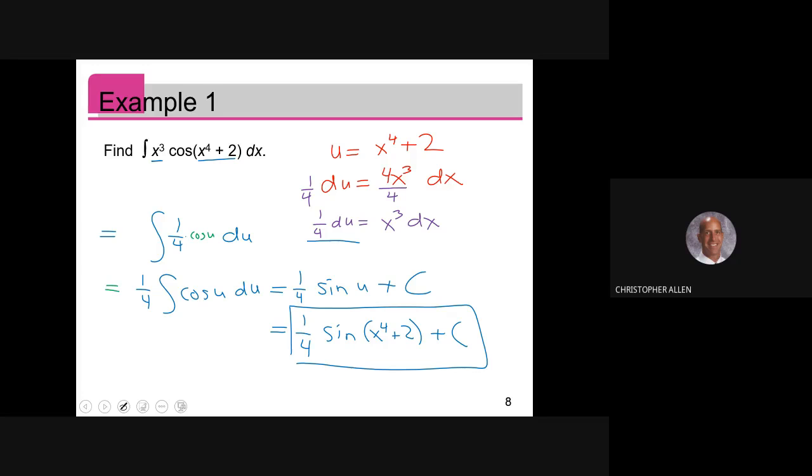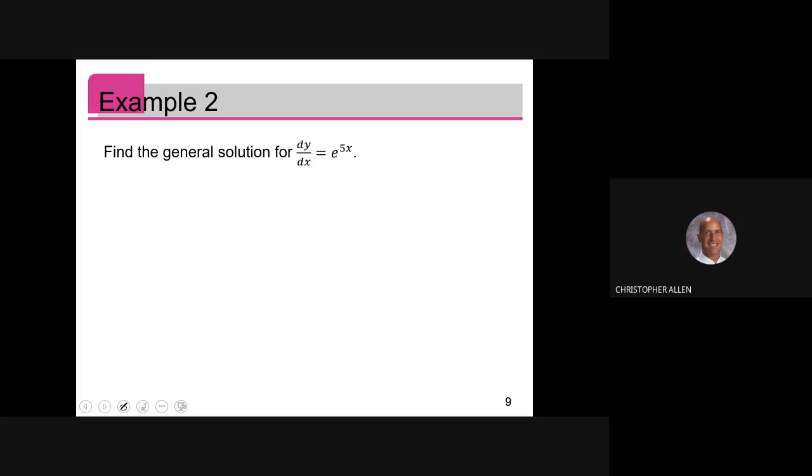So that allowed me to say that u is going to be x to the 4th plus 2, then du would be 4x to the 3rd dx, and then I can divide both sides by 4, and then everything worked out real nice. This is the crucial part of these problems, setting up the u and the du. Okay? All right, I'm going to do one more here, and then we'll talk about something a little bit different.